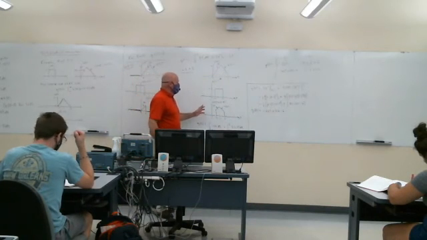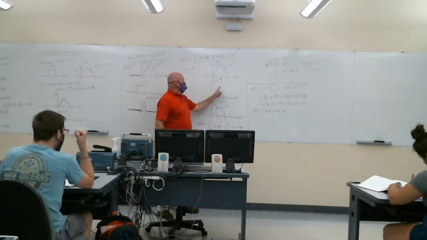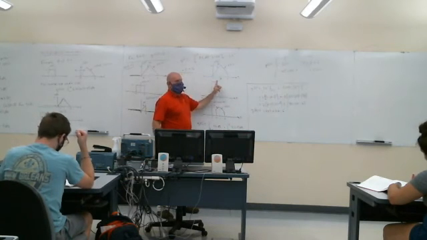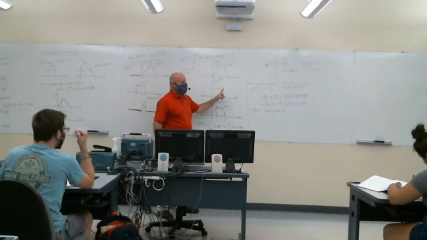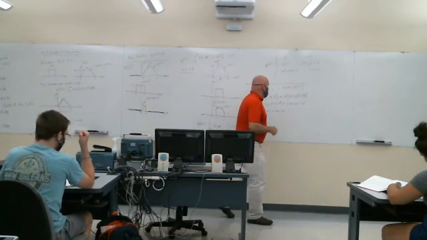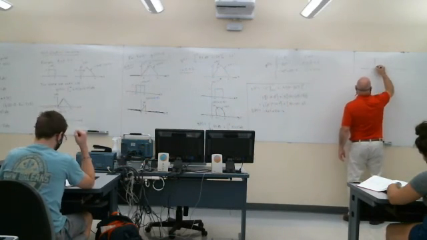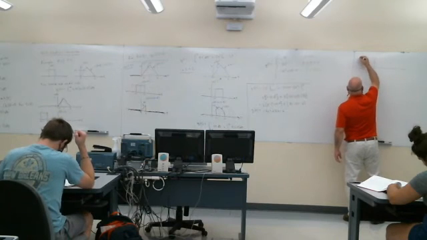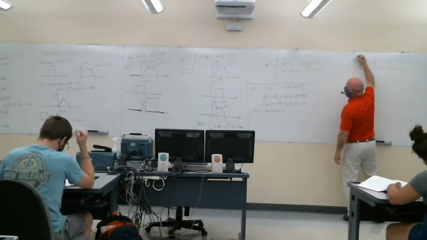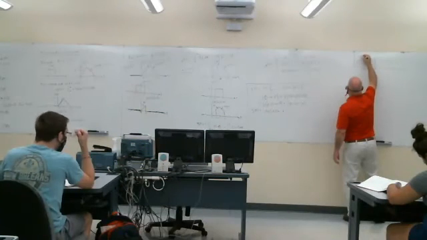I've got another picture for t between 2 and 3. That's where the trailing edge, the t minus 1, is between 1 and 2. So this is for t between 2 and 3.